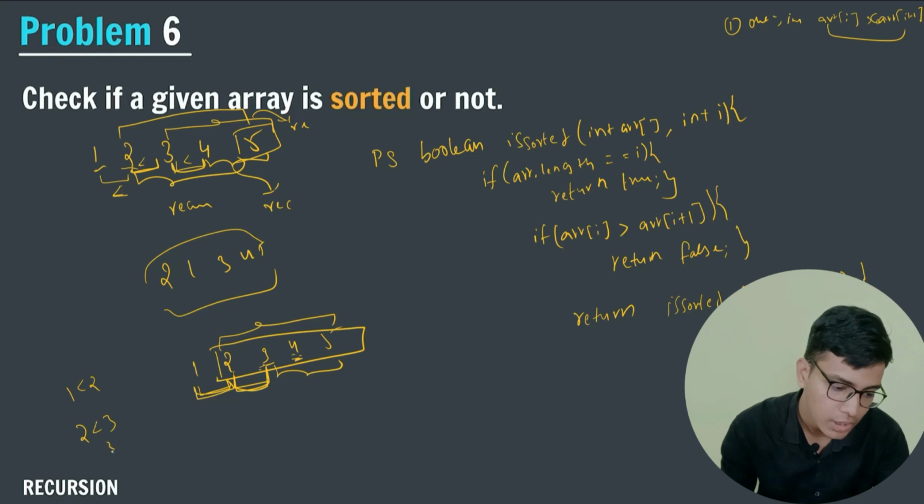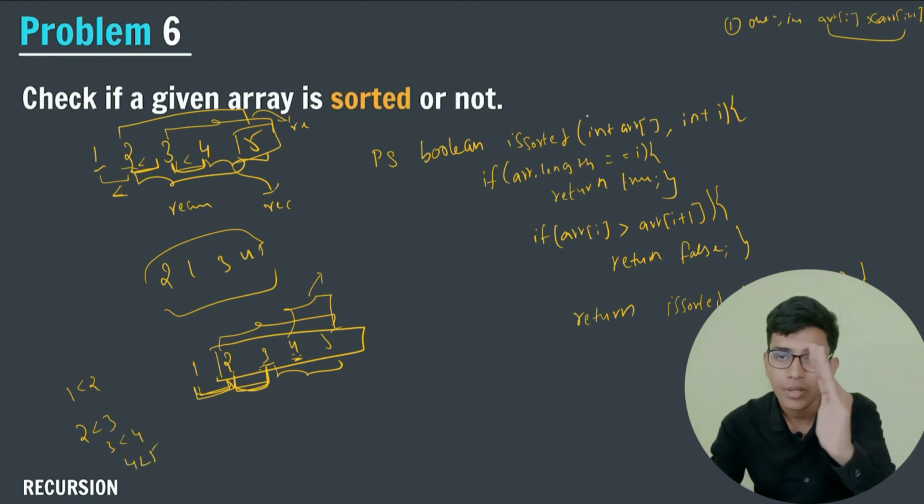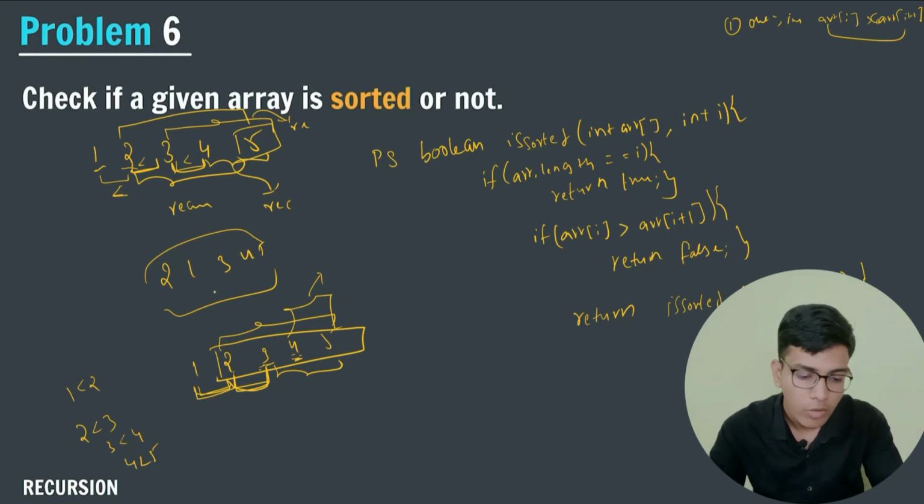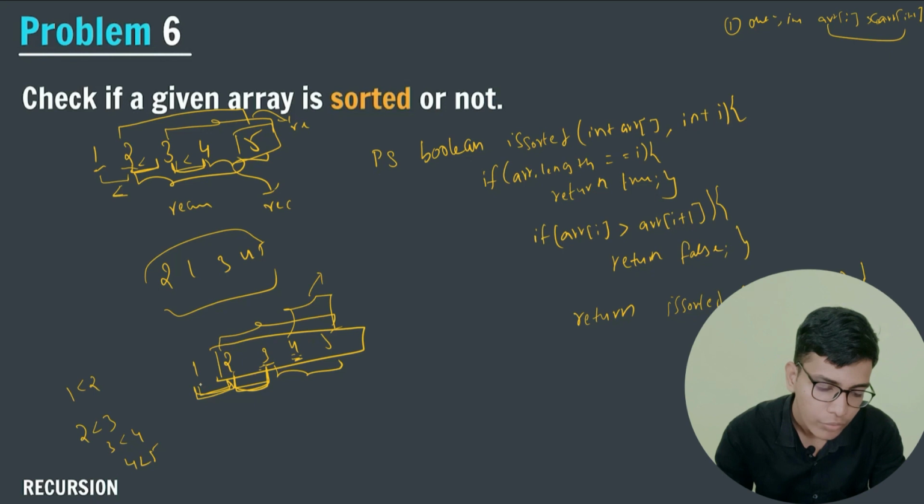If this is also true, then I call for the next array, and if this is also true, then I have called my function for all the array elements.